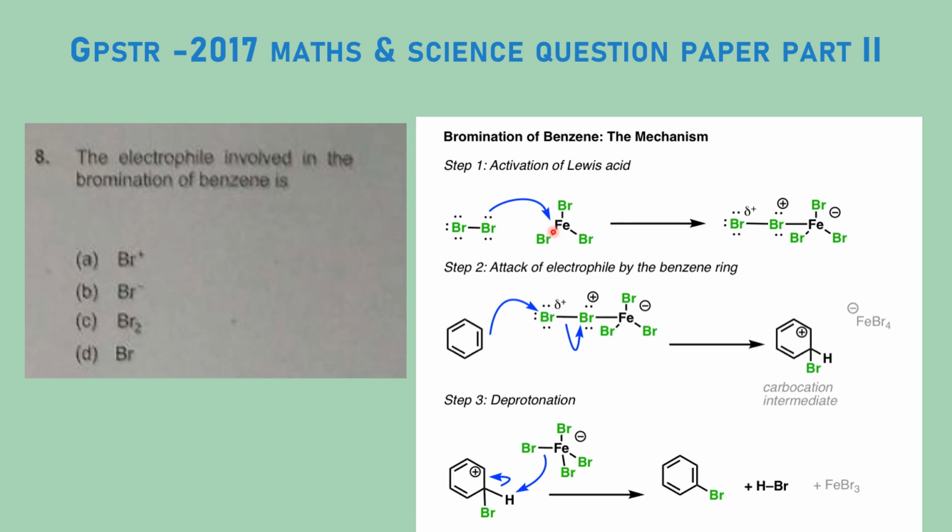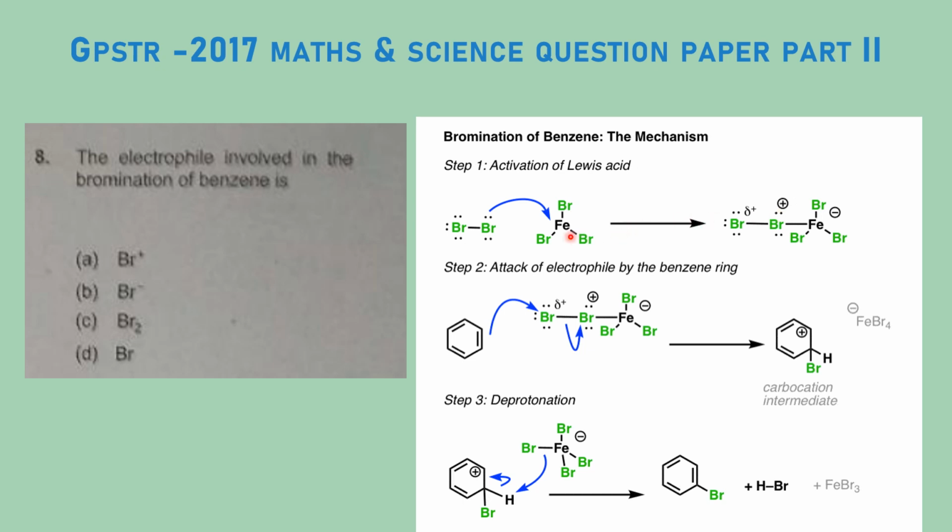Electron deficient means it readily accepts electrons, it is eager to accept electrons. The bromine molecule is giving the electron, therefore it acquires a positive charge.